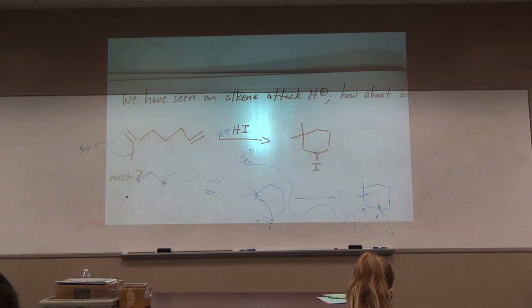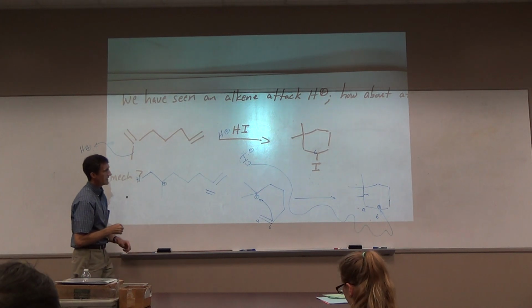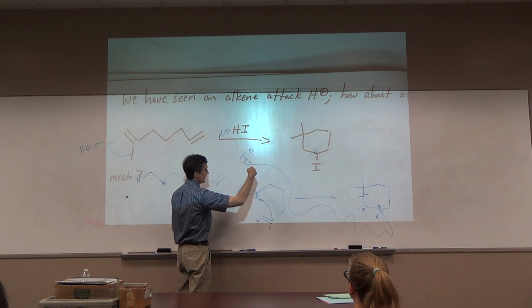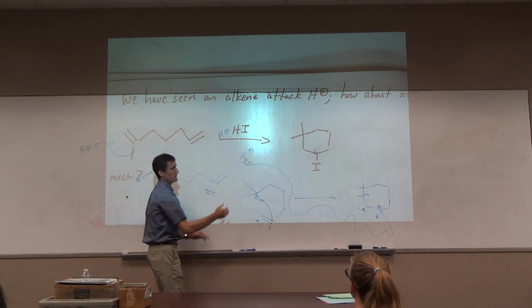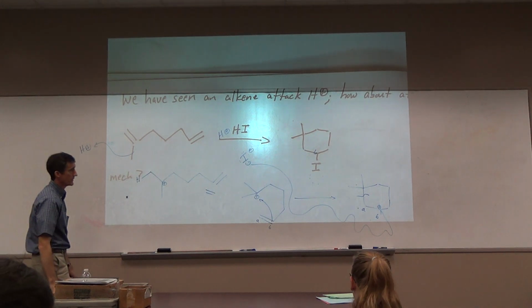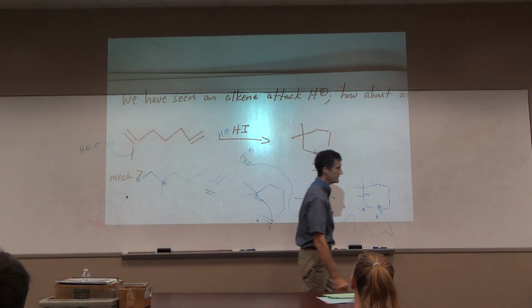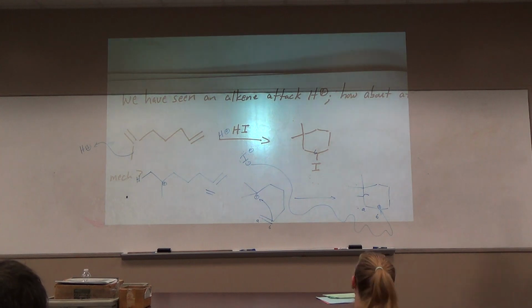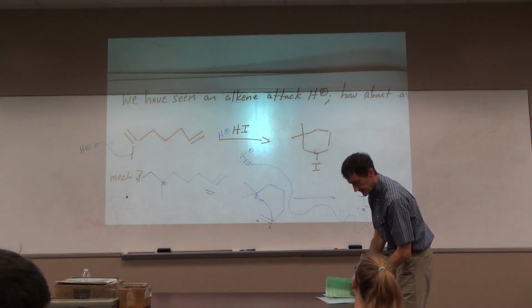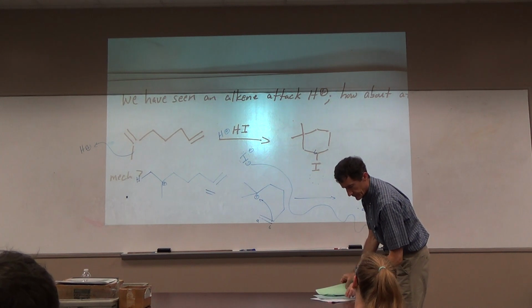This mechanism shows an alkene attacking pluses, H plus or C plus. It also shows a nucleophile attacking a plus. Very common things. The THC mechanism is another type of ring-forming reaction.